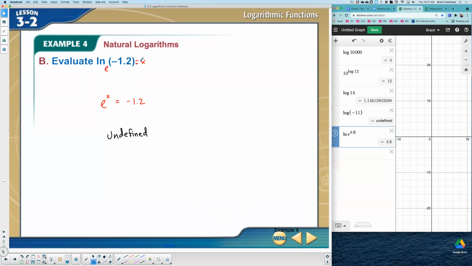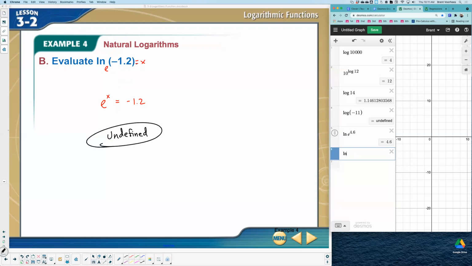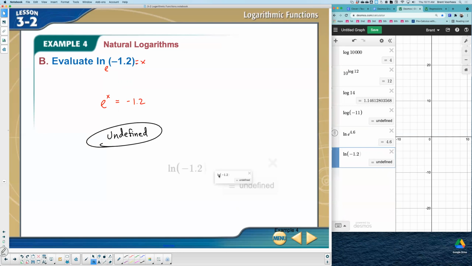You can have a negative base, you can have a negative power. You cannot have a negative portion there. Answer is going to be undefined here. I type this in, natural log. Again, you don't have to type in the base. The calculator will know it's a base of e.